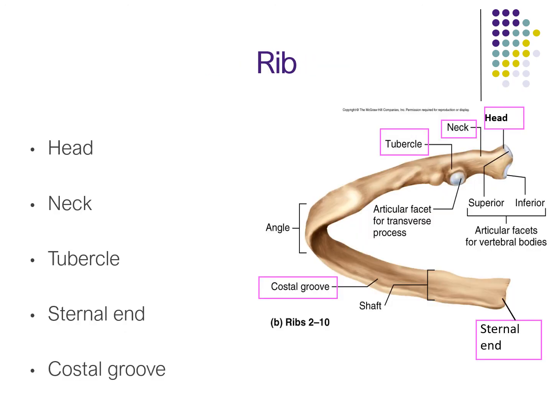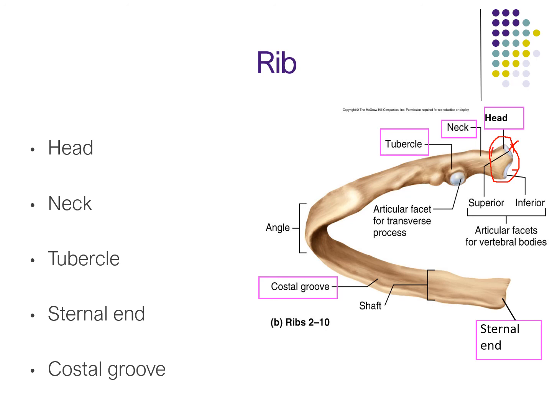So for ribs 2 through 10, this holds true. You have the head of the rib and the inferior and superior articular facets. These are what attach to your vertebrae.